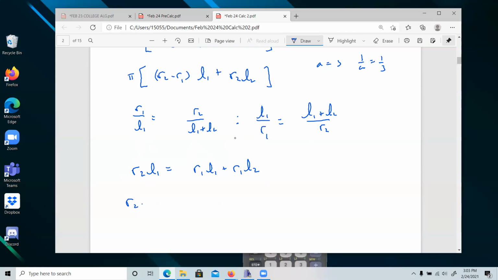So we have R2L1 minus R1L1 is R1L2. So R2 minus R1, L1 is equal to R1 L2. Okay. Let's go ahead and make it happen.